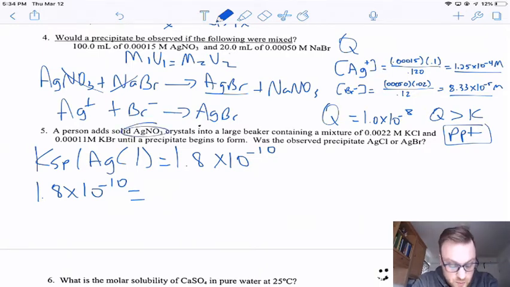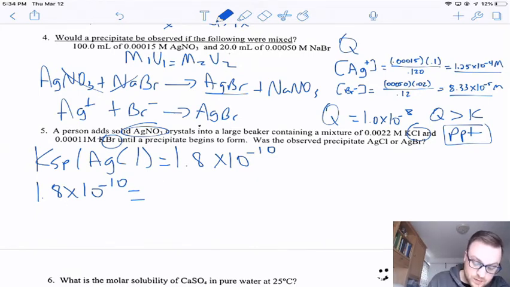The issue here is we don't know how much AgNO3 we added to begin with, so we don't have a starting place for how much silver we have. We have a starting place for how much chlorine we have and how much bromine we have, but we don't know how much silver we have. However, at equilibrium, we can calculate that based on what Ksp is defined as.